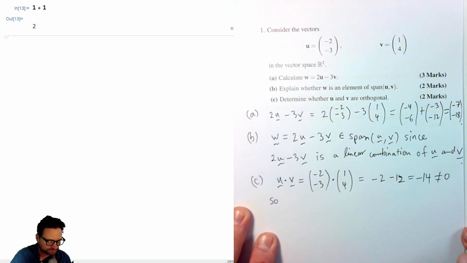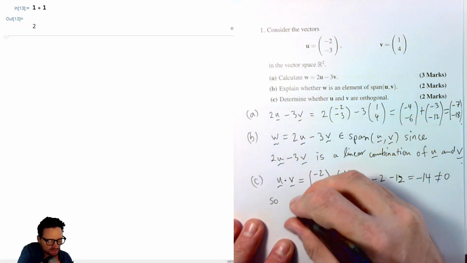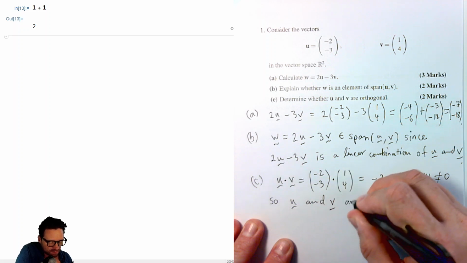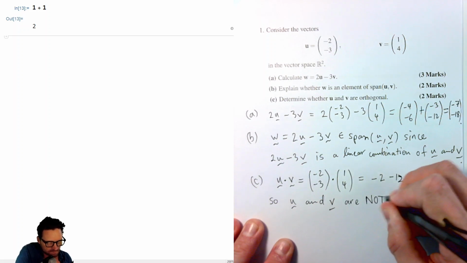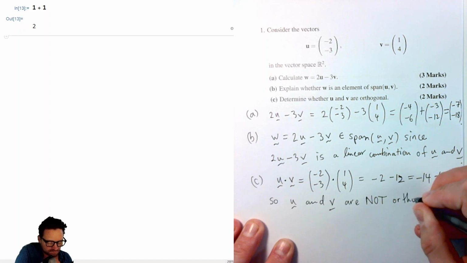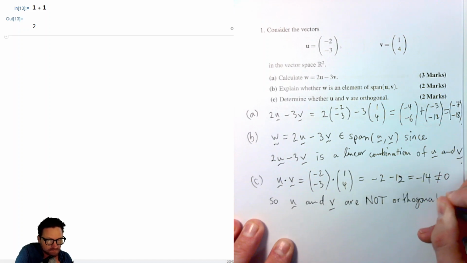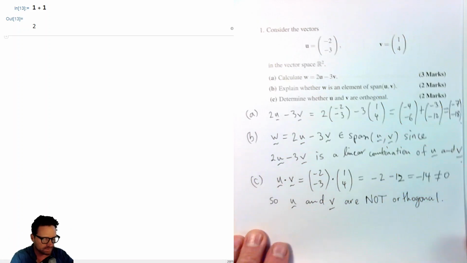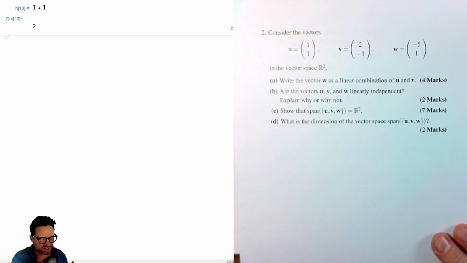So u and v are not orthogonal. They're not perpendicular. Okay, let's move on to question 2.